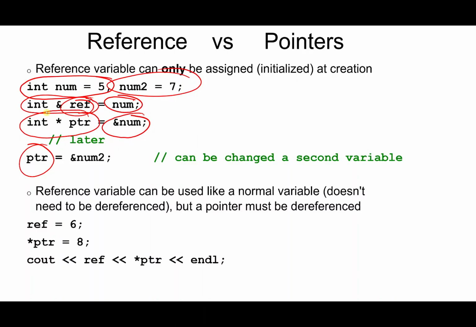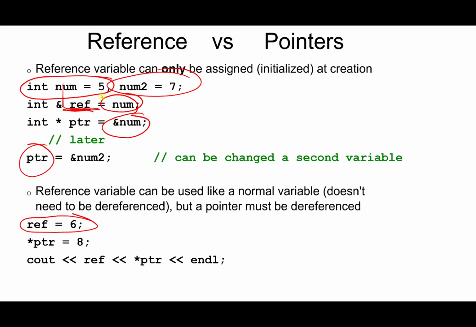Second, a reference variable can be used like a normal variable and doesn't need to be dereferenced, but a pointer must be dereferenced. So if you are using ref in here, you can just say ref equals 6, and then ref is going to change num from 5 to 6.